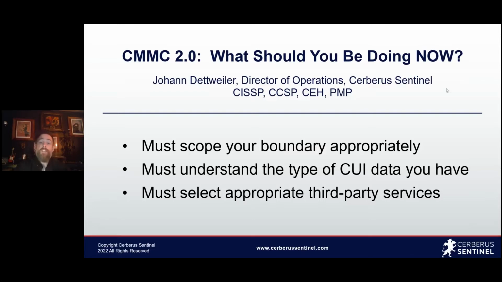And you want to explicitly exclude any components that are not going to have the ability to process CUI. This refines your boundary and makes complying with CMMC 2.0 less resource intensive, because you're only applying the requirements of CMMC 2.0 at the areas where they're specifically needed.